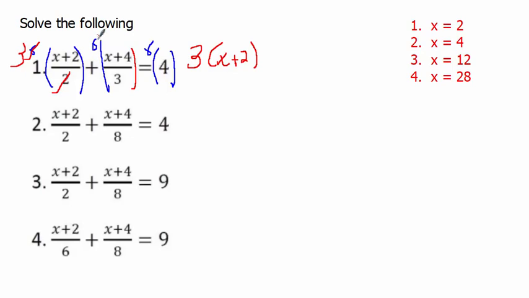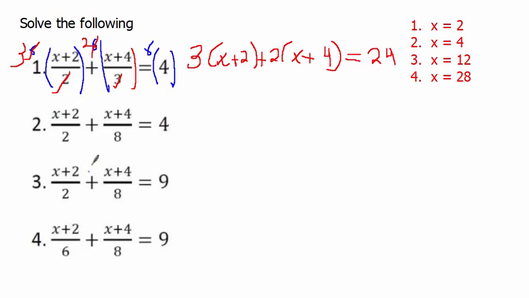In my second part of this, 3 goes into 6 twice. So on this one, it's 2 times x plus 4. And 6 doesn't go into anything, so in this case I have 24 as a final answer. Now, it turned out that 2 times 3 was my least common denominator, but that's not always the case.